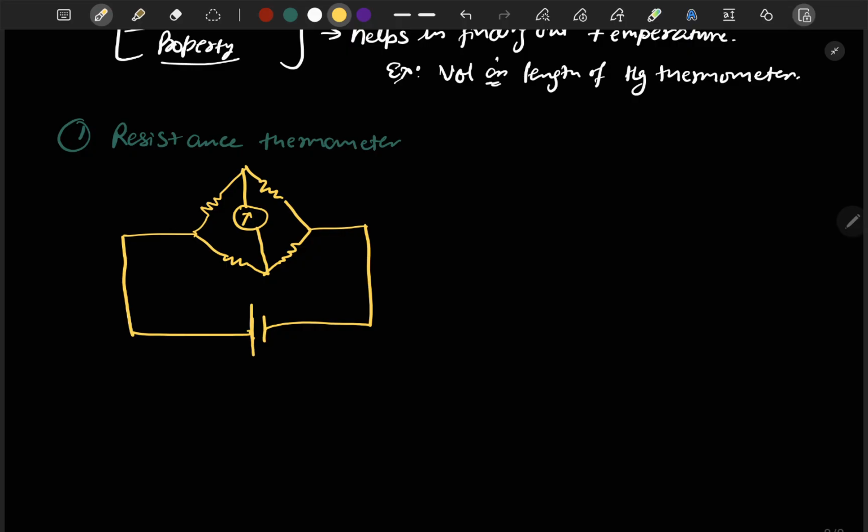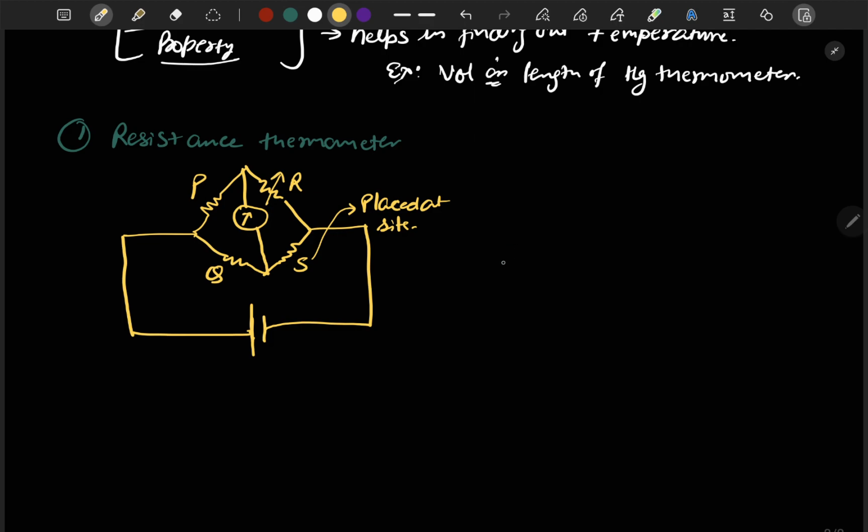Let's say this is the Wheatstone bridge. This resistance is P, this is Q, this is a rheostat R, and this is S. This is made up of platinum wire, and let's say this resistance S is placed at the site where we have to measure the temperature.